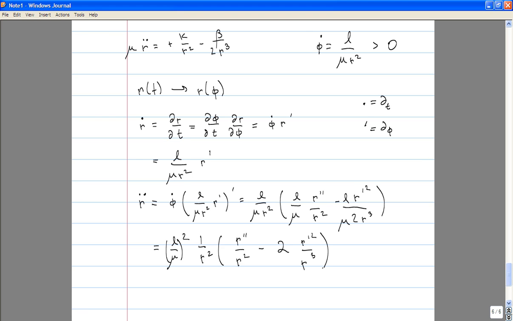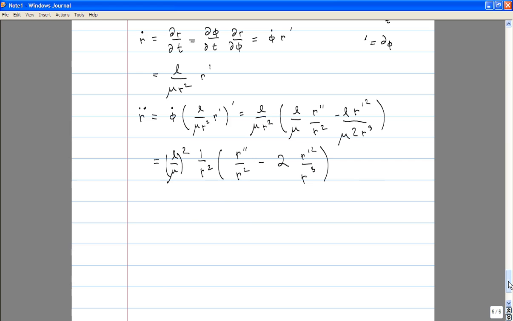Okay, that was trick number 1. Now here's trick number 2. There's always a trick number 2. Trick number 2 is that rather than consider r as the variable, let's consider the following. Let's let u be 1 over r.